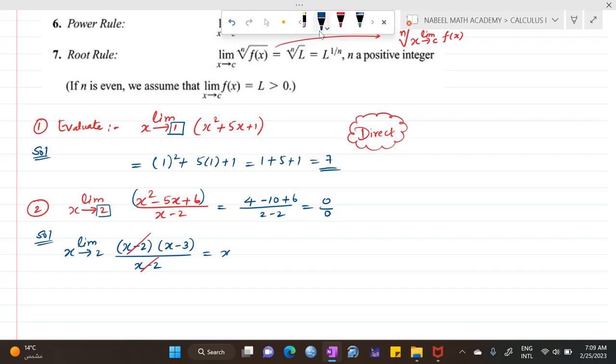The limit as x approaches 2, the remaining term is x minus 3. When you apply the limit, you will get minus 1. So whenever you have an indeterminate form and the given function is a polynomial, you have to factorize the polynomial. This is the second type of problem.